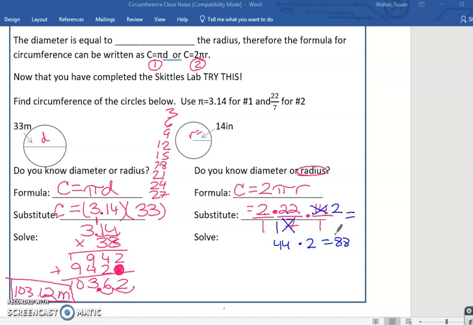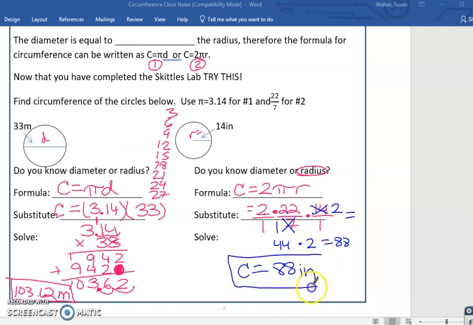So look, when it all comes down to it, I did not even need to use my decimal. Okay, so on this, my answer is just 88. Now, if we use 3.14, it'd be very, very close, just a fraction different on the answer there. Okay, so my units are inches.